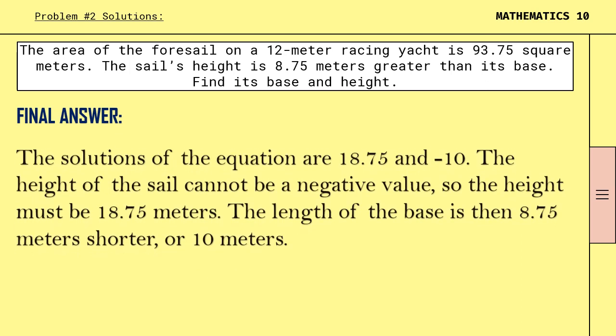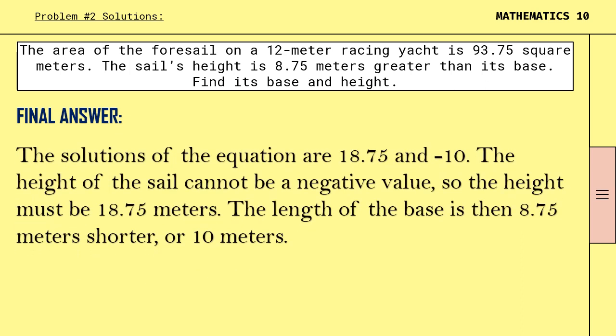Now from that, we can have our final answer this way. The solutions of the equation are 18.75 and negative 10. The height of the sail cannot be a negative value, so the height must be 18.75 meters. The negative 10 that we've got will be disregarded.